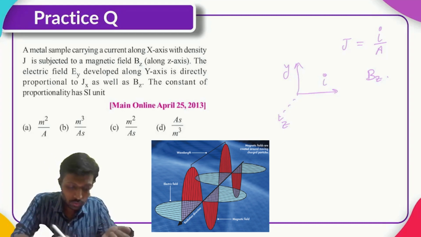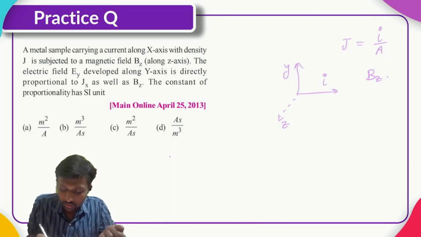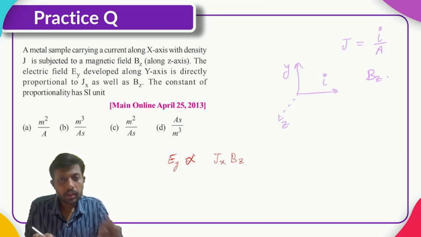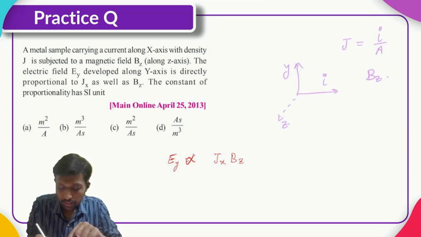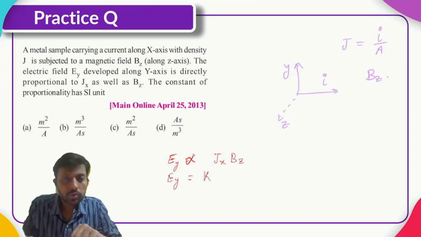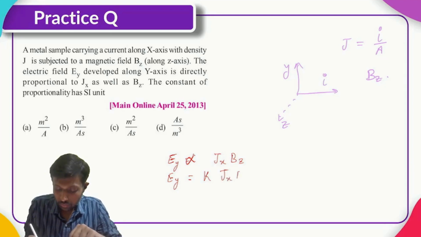So this is what the question says, that the electric field Ey is proportional to Jx and Bz. If we have to remove the proportionality sign, we'll have to put in an equal to sign and introduce a constant of proportionality k. So this is what we have.